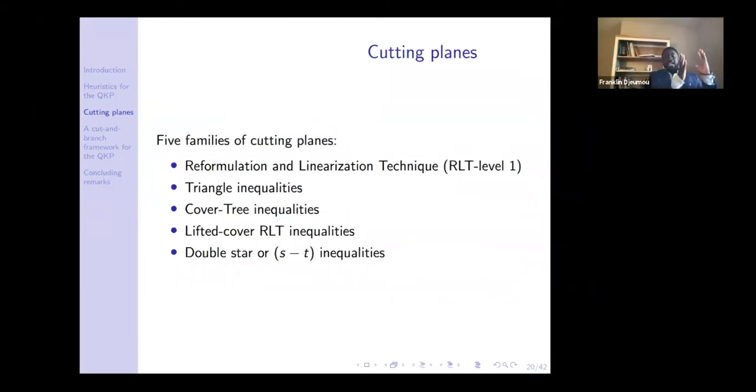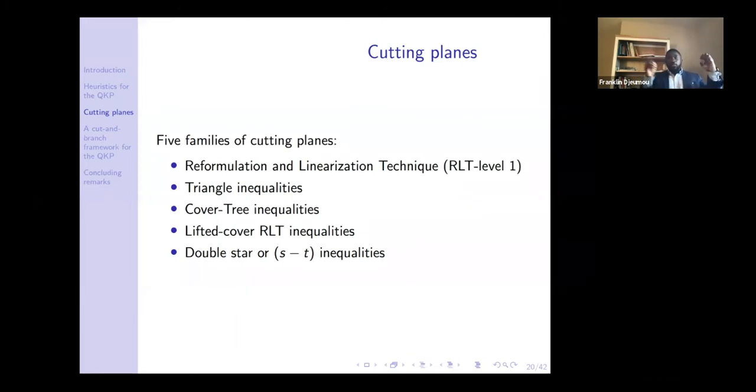For the linear knapsack problem, we know of the cover inequalities that are very good. And for people familiar with network optimization, you know of the tree inequalities that are also very good. So now the idea that we use here is, what will happen if you build tree inequalities where your tree is based on a cover set from the knapsack problem?